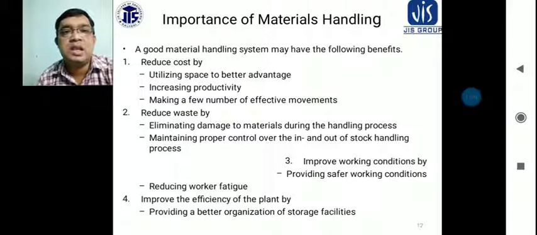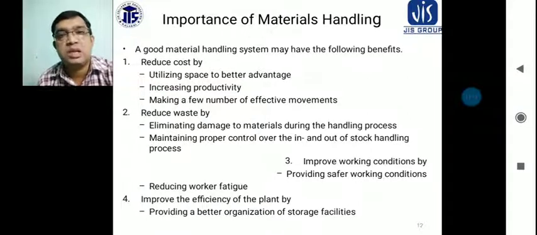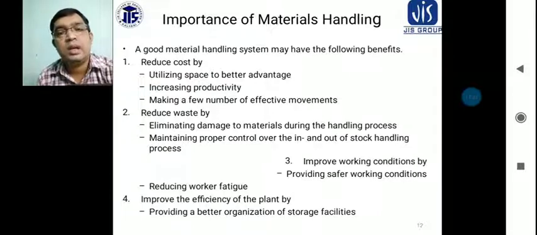Basically, it reduces cost by utilizing space to better advantage. Basically, you have to reduce the cost, and then much more advantage will be gained. If your cost is reduced, then your production cost will also be low, and then for the product output, in your marketing you can reach your product with the least cost.